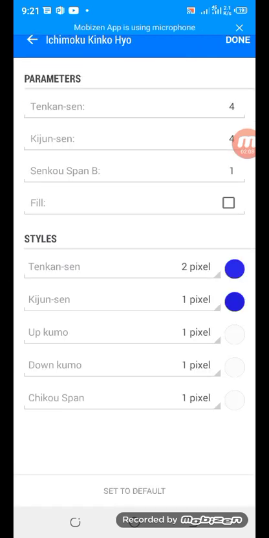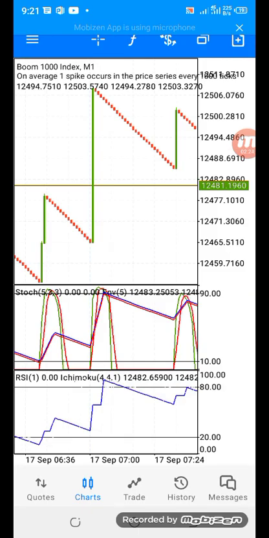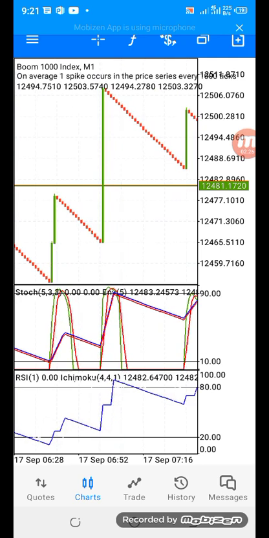Our Ichimoku indicator is 4 for Tenkan-sen and Kijun-sen is 4. Senkou Span B is 1. For the style, you apply 2 pixels to Tenkan-sen and Kijun-sen 1 pixel. That is all. So now, how can we apply this strategy?